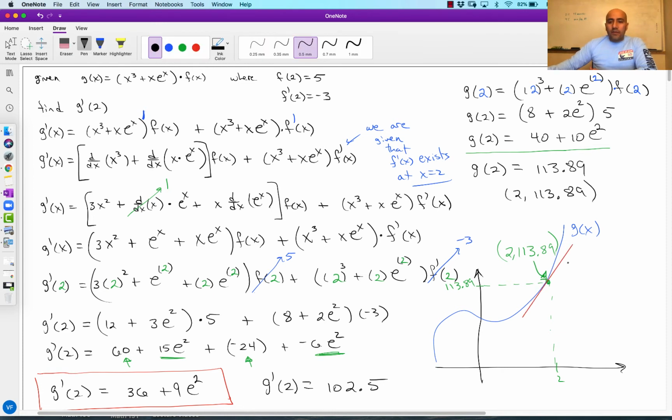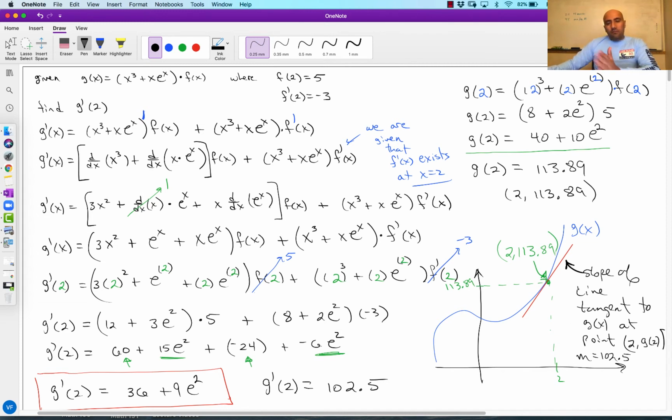say maybe this one, then the slope of this line, tangent to g of x at the point, let's just call it 2 comma g of 2, the slope is m equals 102.5.